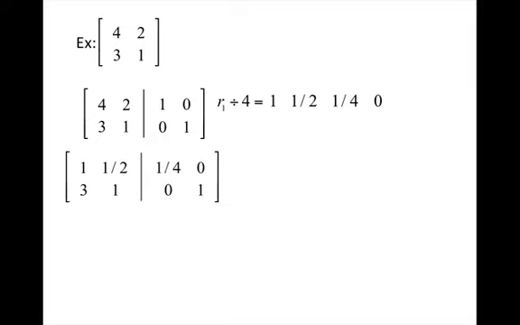So I'm going to divide row 1 by 4. When I do this, I get 1, 1/2, 1/4, 0. This is going to become my new row 1, and row 2 is going to stay the same.